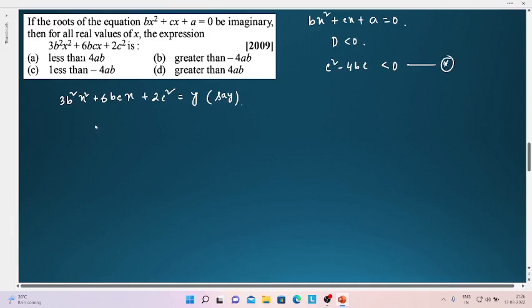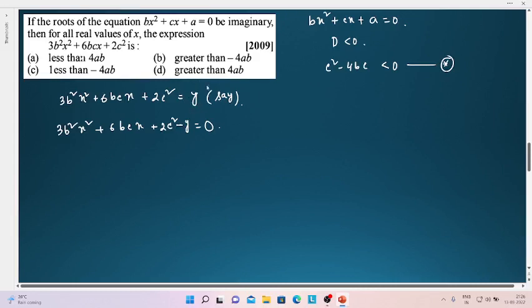So what will be the equation? It will be 3b square x square, written in the simplest form, plus 6bcx plus 2c square minus y equals 0.